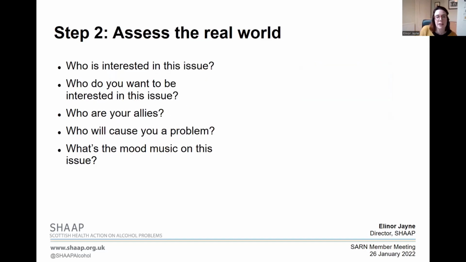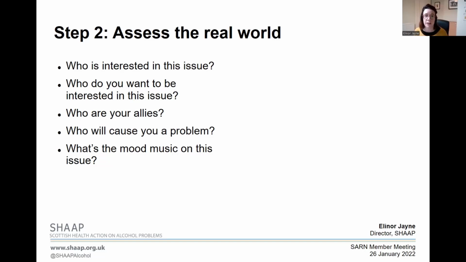Next slide. It's really important to think about what else is going on in the outside world that might influence or dictate how your research is going to land. So who's interested in this particular issue? Map them out, whether it's policymakers, other organisations, or various different stakeholders across any sphere.